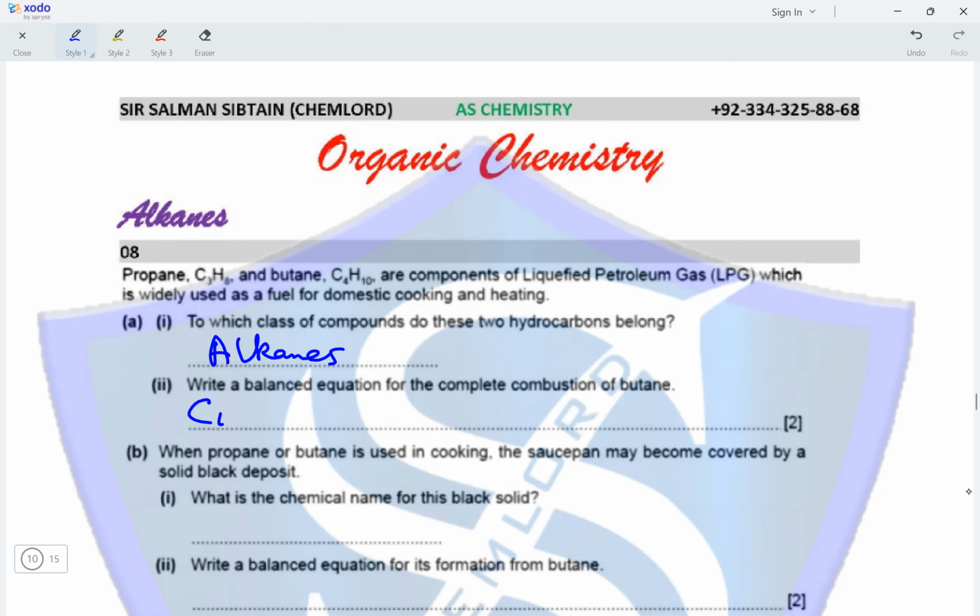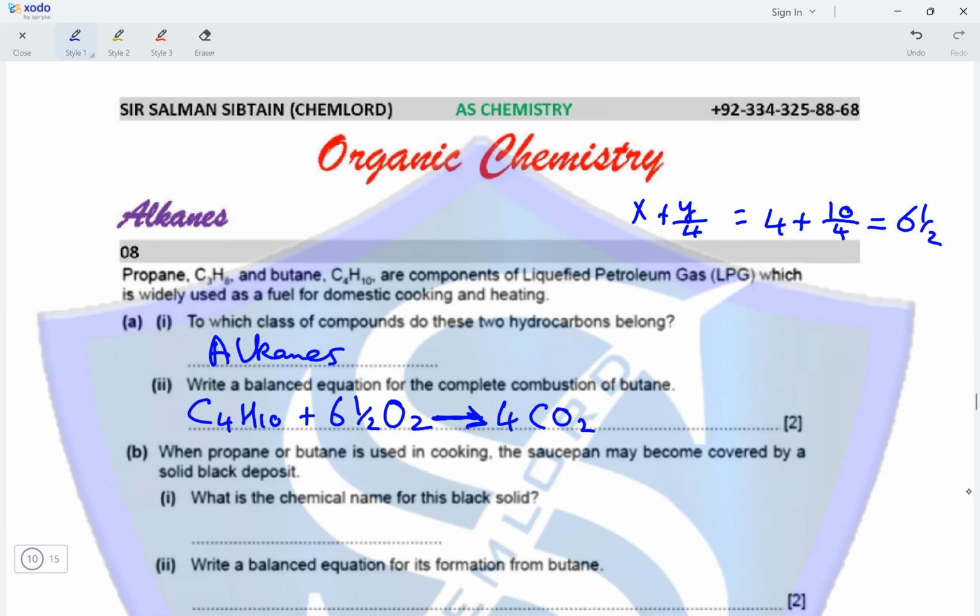So C4H10 plus x plus y upon 4, which would be 4 plus 10 upon 4. 10 upon 4 is 2.5, and 4 plus 2.5 is 6.5. So this will give us 6.5 moles of O2 producing x moles of CO2, which is 4 moles of CO2, and y upon 2 moles of H2O, which is 10 upon 2, equal to 5 moles of H2O. So this is the complete balanced equation for the combustion of butane.